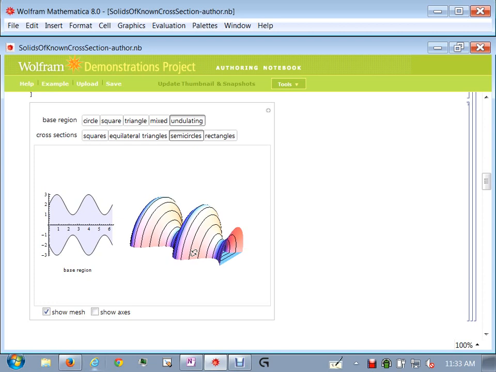A pot or something. The first thing that comes to mind right now, I don't know why, is a piston. Because pistons are not perfect cylinders, right? There's different things going on. It might be hollowed out in the middle or something. So you could find the volume of that if you could somehow describe what each cross-section looks like.